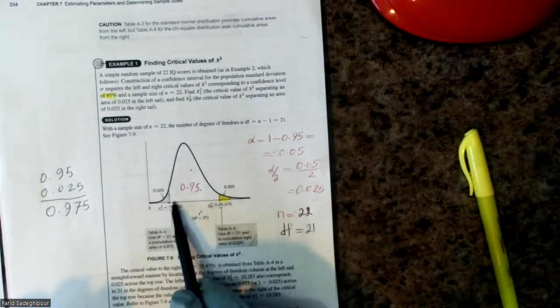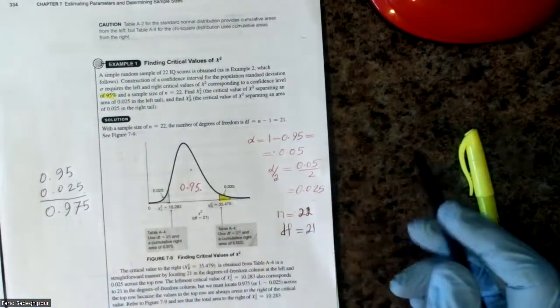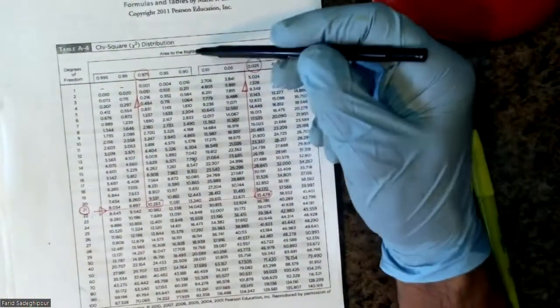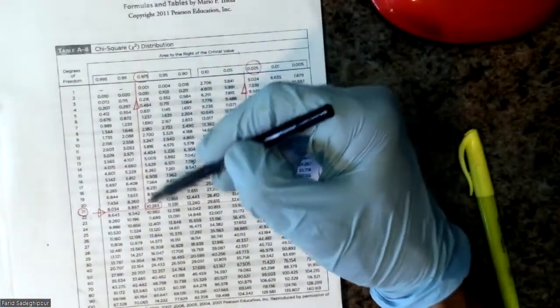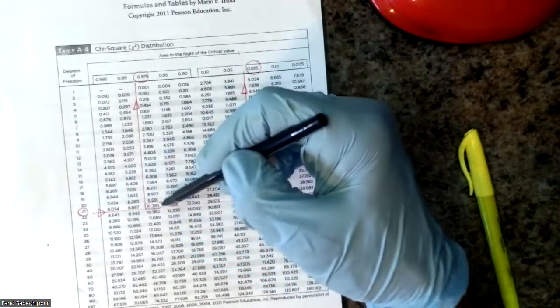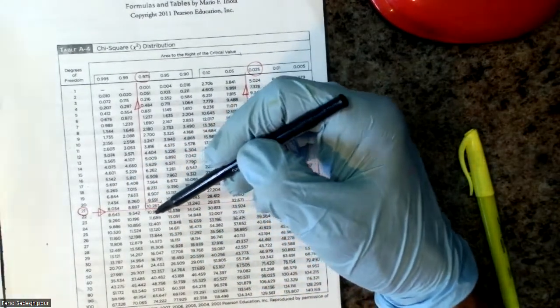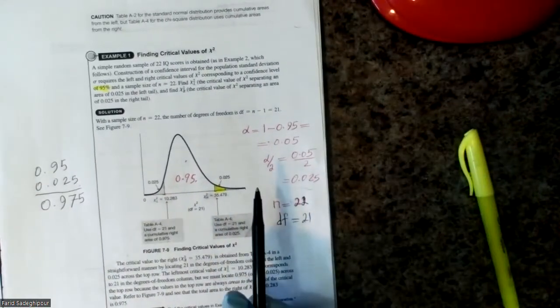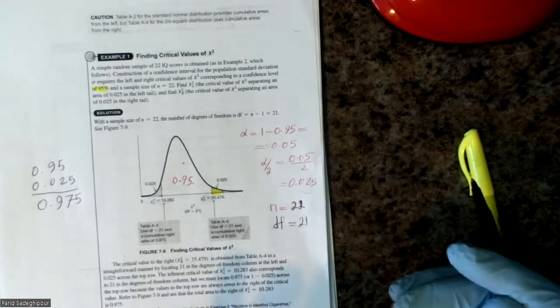So the area to the right of this point is 0.975. You find that from here. See, area to the right, 0.975, from here. DF is 21. That gives you the value of 10.283. So basically, what we need to do in this section, it is very important to understand how to use the table and how to find these two values.